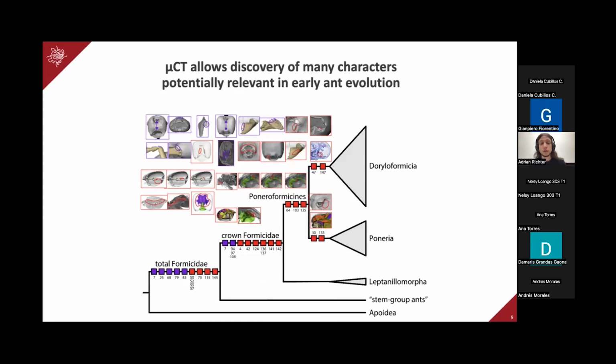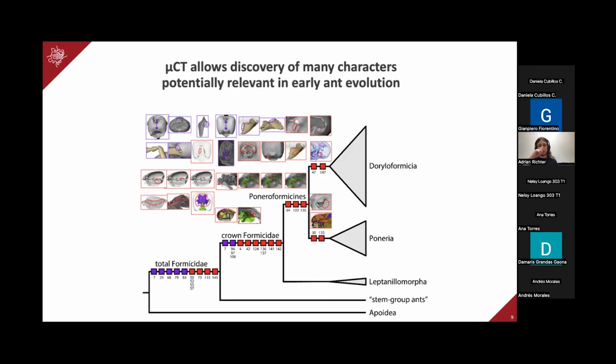A lot of these new features are fine anatomical details. A lot of them are internal features, anatomical features that are simply much easier to discover and study if you have this kind of 3D data, and don't have to dissect and photograph all of these species individually.